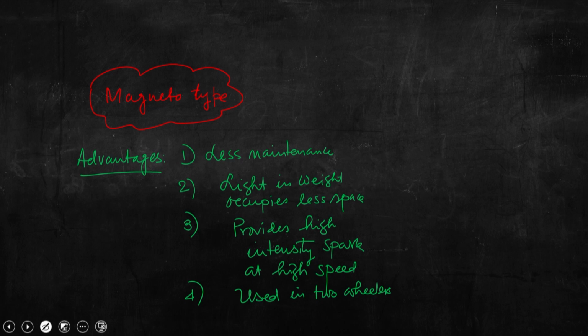So, these are the favorable parts of this particular type, but since this is again a mechanical subsystem, it will have a few other drawbacks. So, what are the drawbacks? Disadvantages.